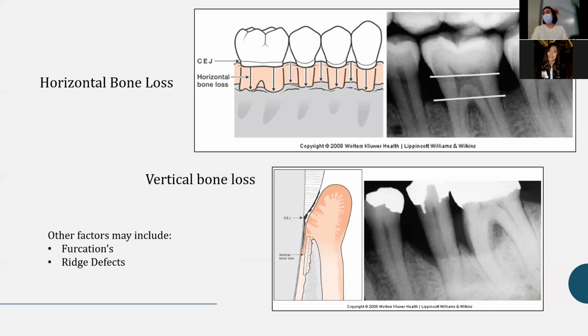Now, if you're looking at this, especially this one, this is far more obvious. The CEJs are here and here, the bone level goes in the totally opposite direction and very much at an angle.